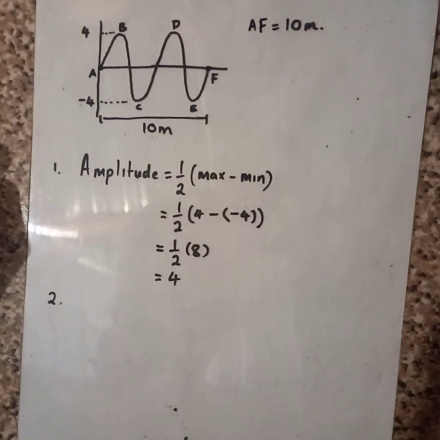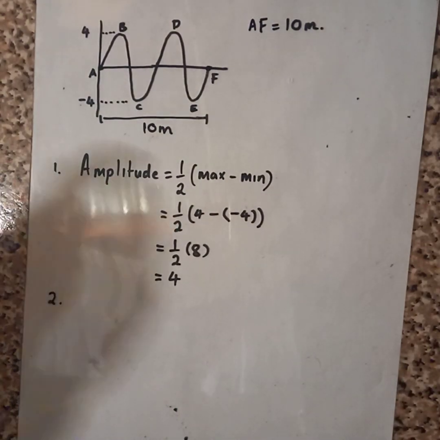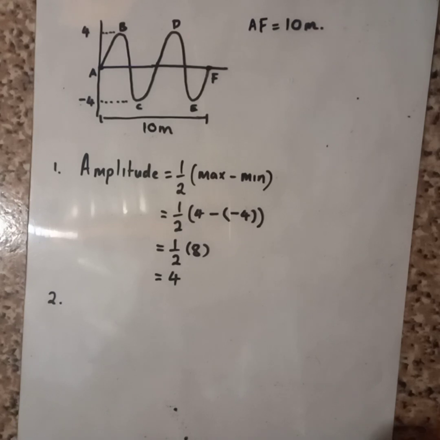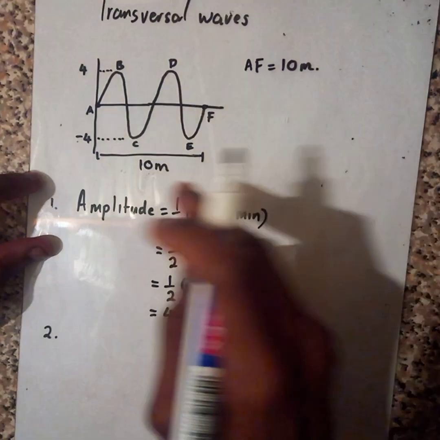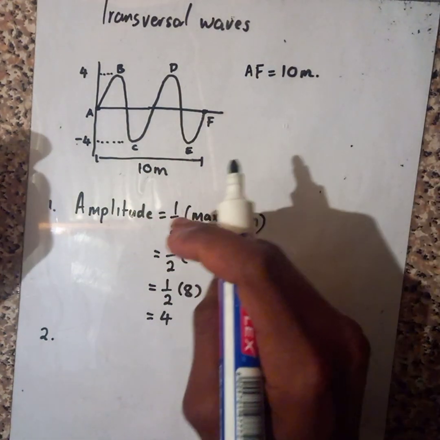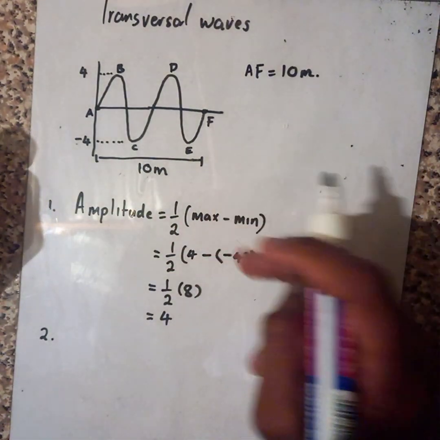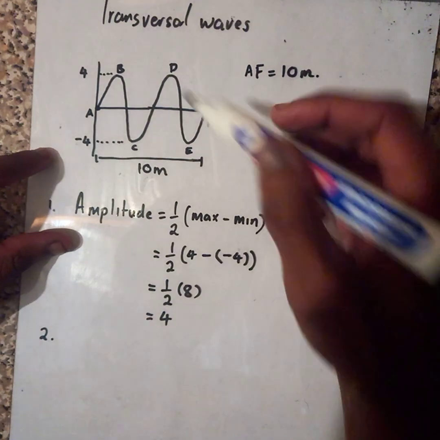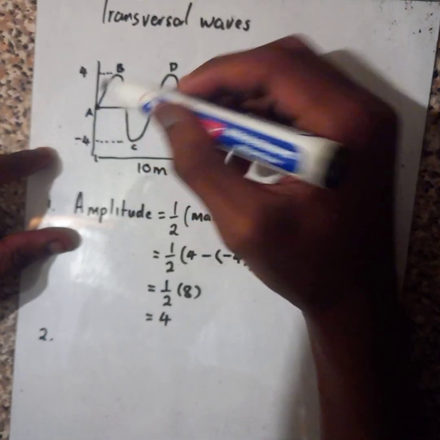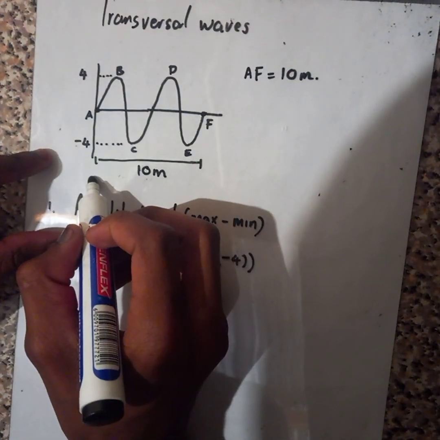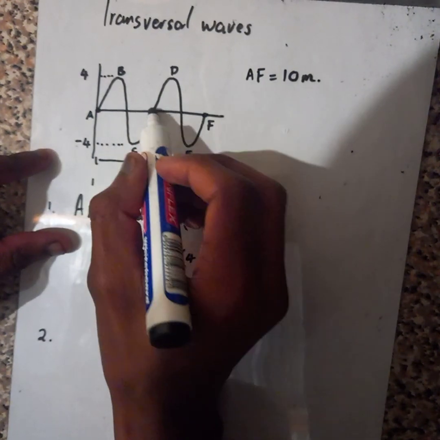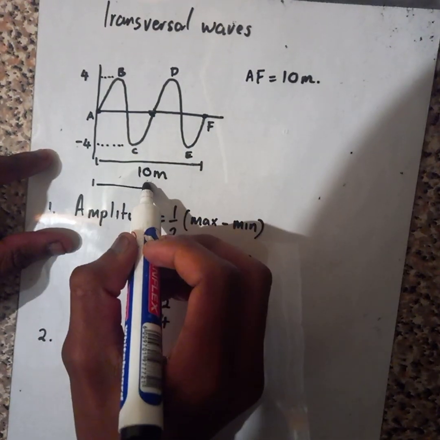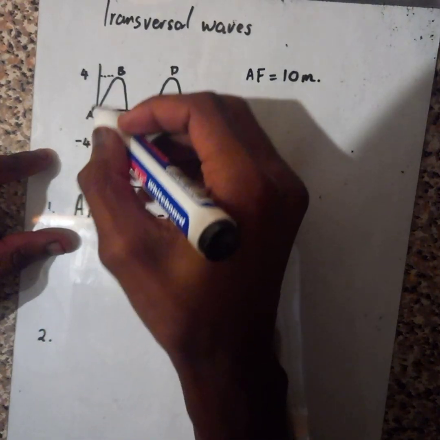let us determine the wavelength. How are you going to determine the wavelength? Firstly, you go to your diagram and try to figure out how many cycles you have. Check from A, oh sorry, I forgot, from A till this point, we have a sine graph.